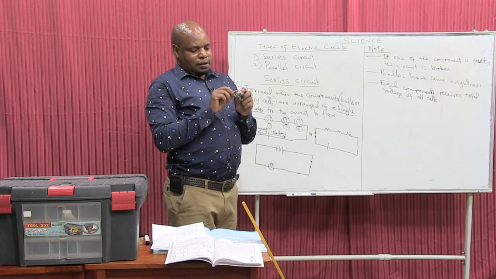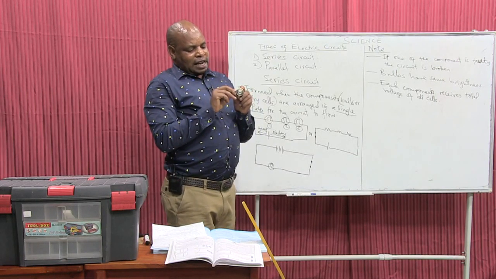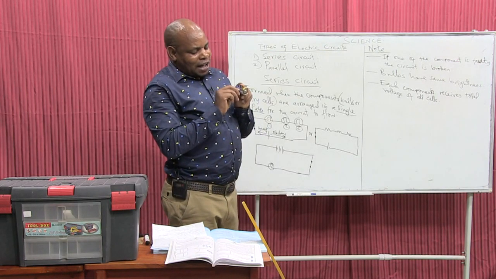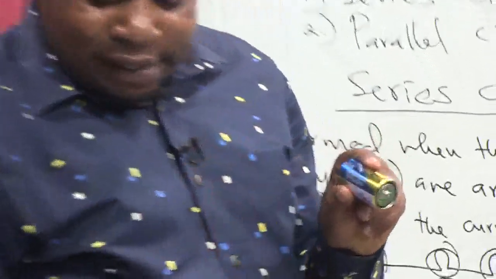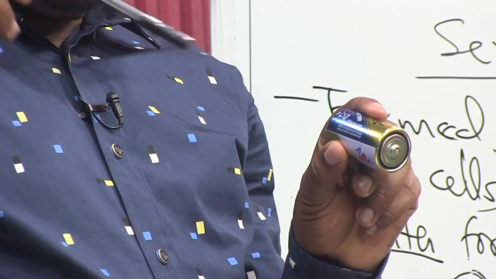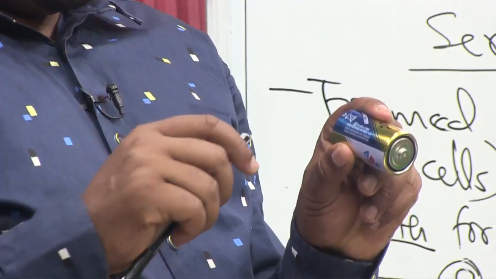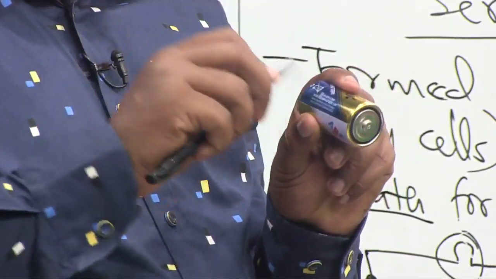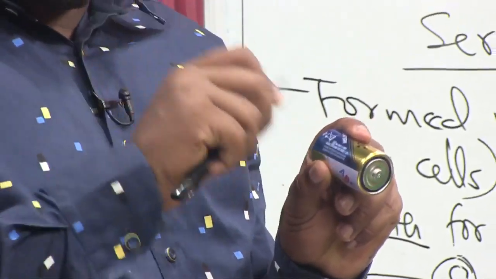It's written here. It has 1.5 volts. Even the smaller ones we use in the remotes of our TVs have the same voltage, 1.5.